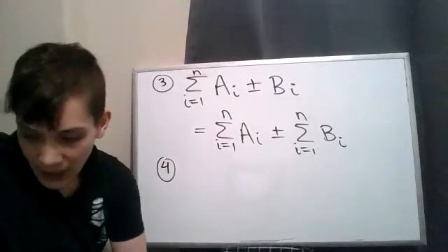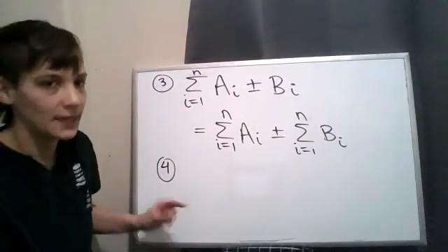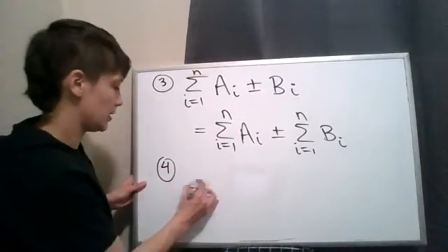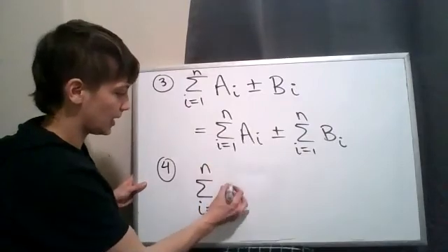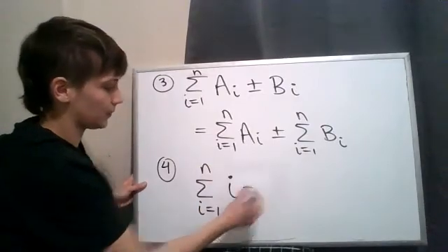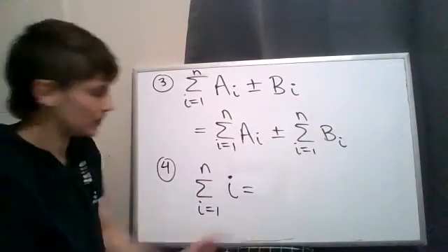The fourth one is the sum from i equals 1 to n of i. So your sum i equal to 1 up to n, and you're summing i. You get n times n plus 1 divided by 2.